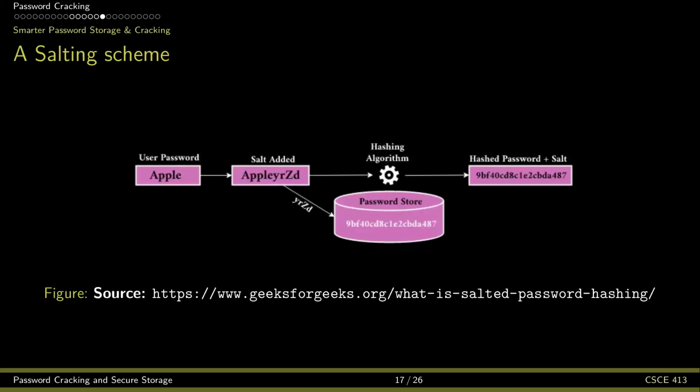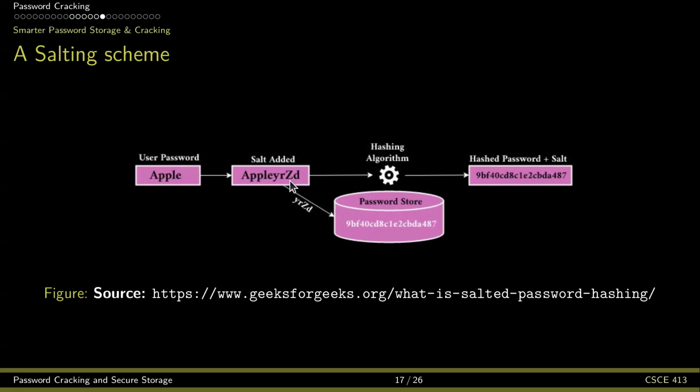So let's give an example with a figure. Originally we have the password apple, and the attacker was hashing apple, which gave a hash, and the hashed apple was stored as the password. So if the hashed password leaks, we have the hash of apple, and the hash the attacker pre-computed would match the hash leaked from the password. But now with a salt, apple is complemented with some other values that you are going to see here.